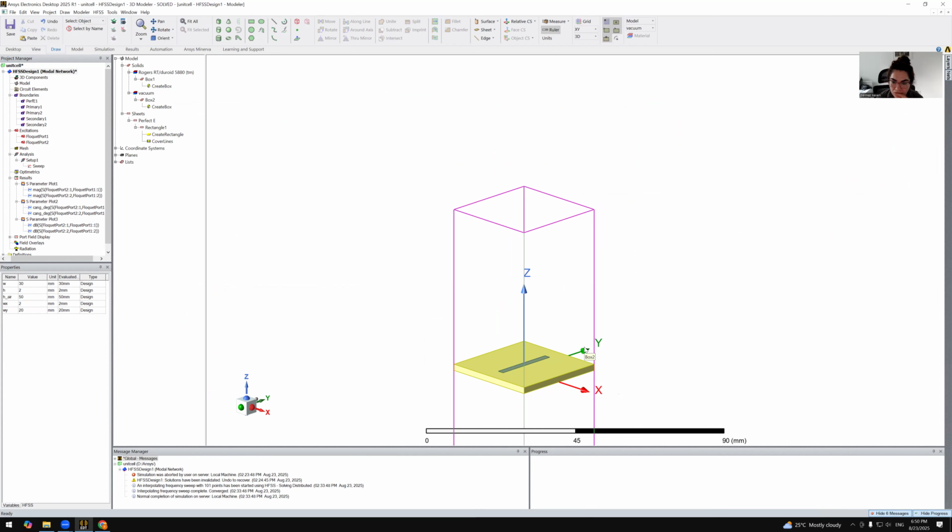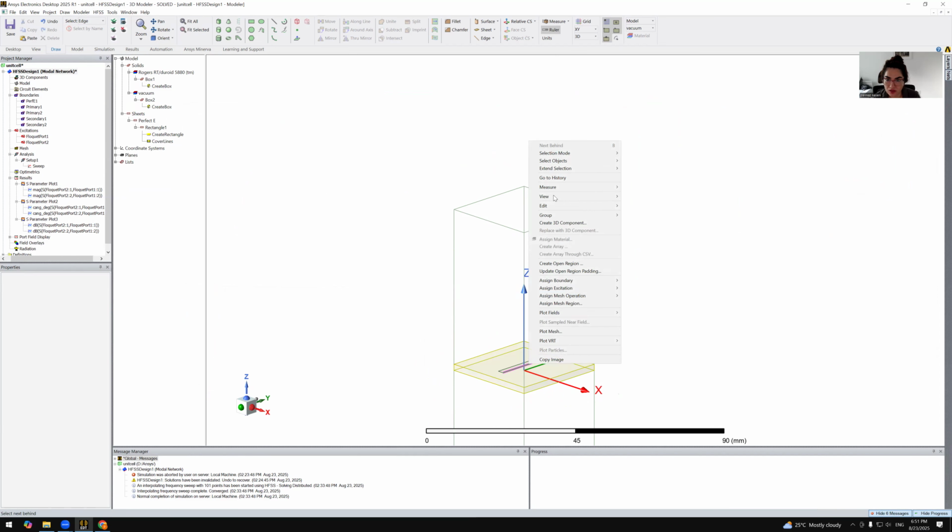Oh, yeah, I bet there is something going on here. That's why the other, I don't think I got to the resonance of this TM mode yet. This is about 20 millimeter. You can measure it. So let's go to E and then edge, and then you can here say measure edge.